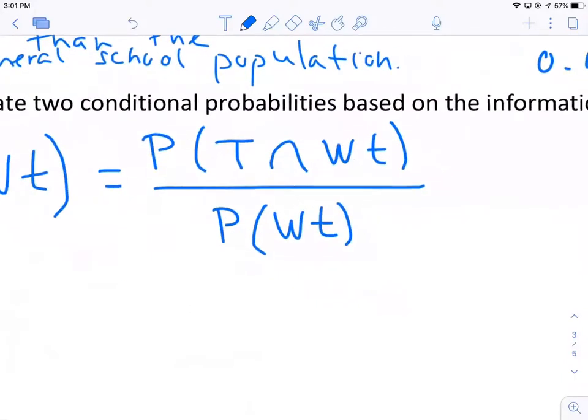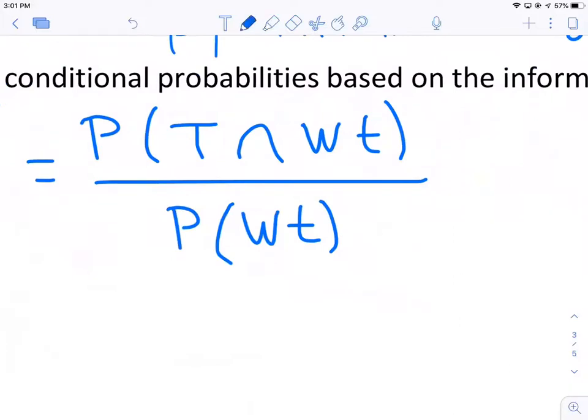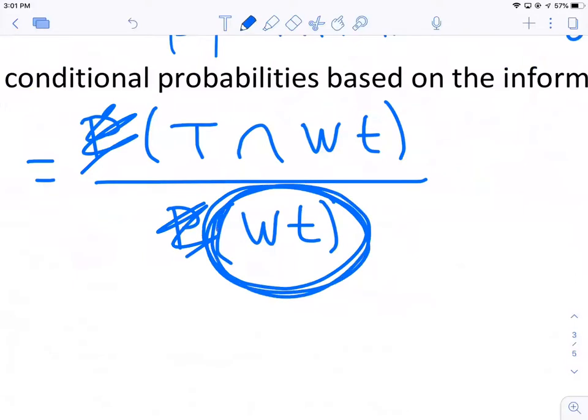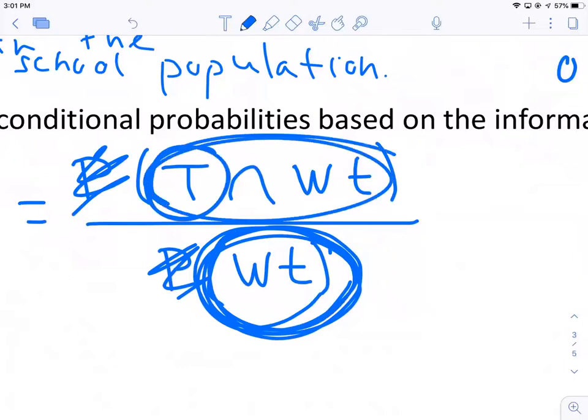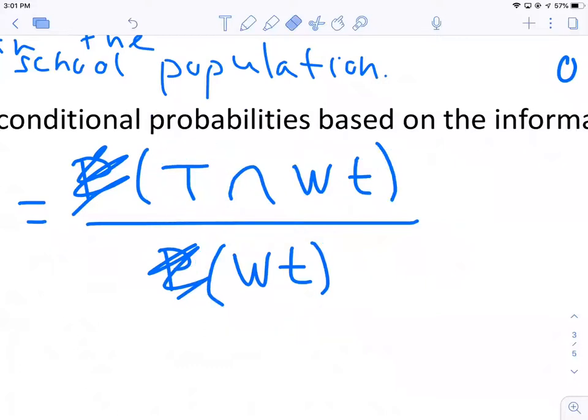If I just ignore these P's for a second, we're taking a look at the total population of people wearing a tie, and then how many people out of that population are also teachers. So we have to look at those wearing a tie and being a teacher. So that's how this formula works.